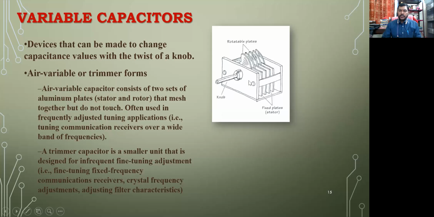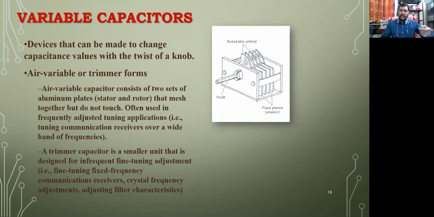So if you are able to see, this is a particular arrangement that we'll have, and these are some of the rotatable plates, and they are moving. And these are some of the stationary plates, which are square in form, and these can be moved with this knob. As you increase or decrease the volume of, say, a system, similar is the function of this knob.